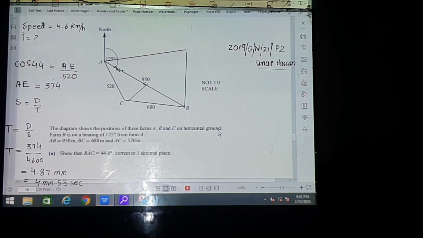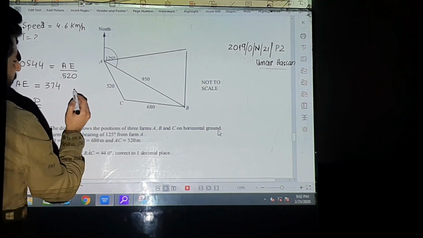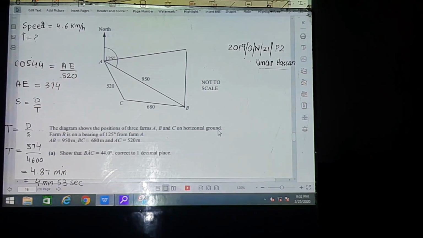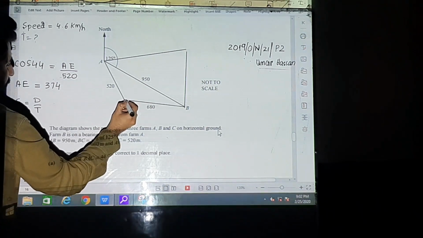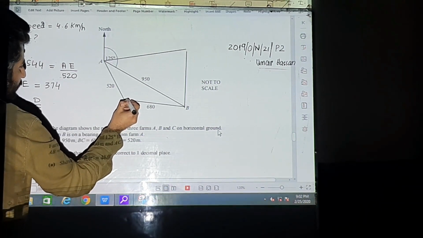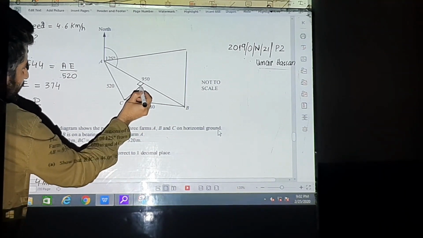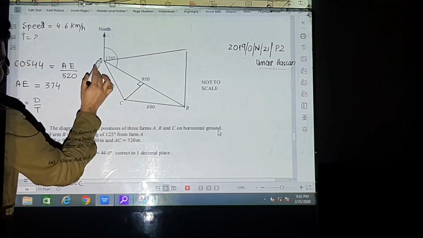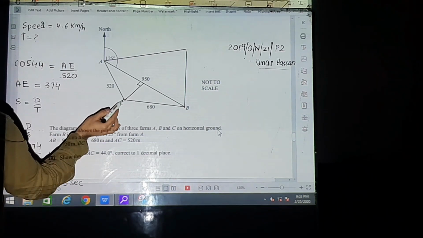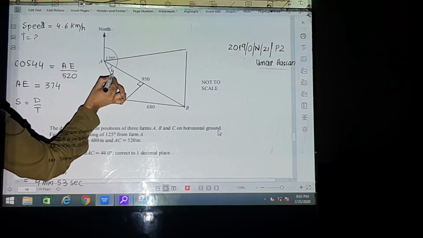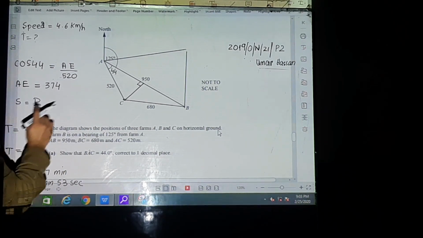In this diagram, Amira starts from A and she moves at a speed of 4.6 km per hour, and we have to find the time when she is closest to C. For that you need to draw a perpendicular from C to AB, because this perpendicular is the closest distance of AB from C. Now we know that AC is 520 and we know that this angle is 44. We have done this in part A of this question.